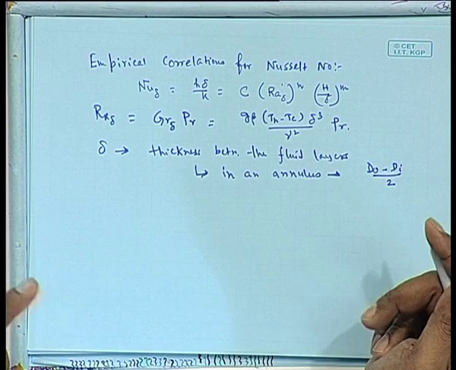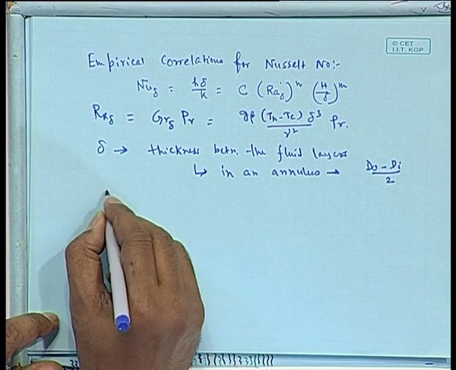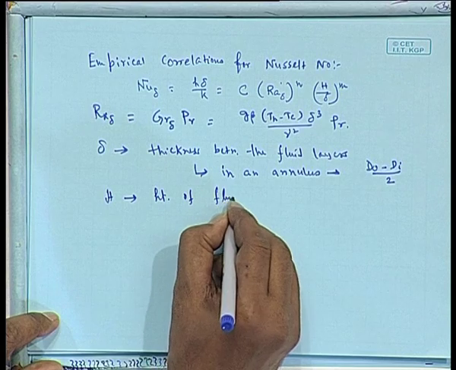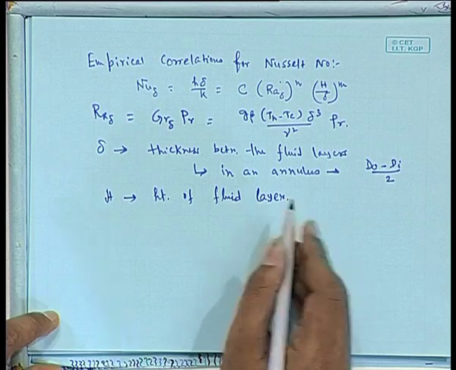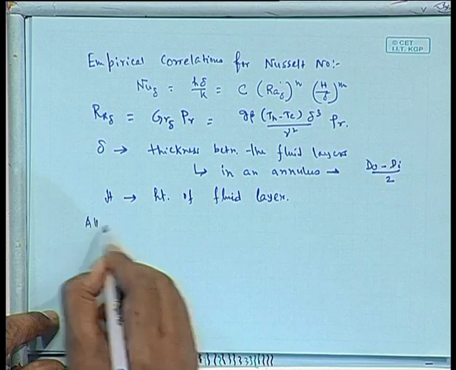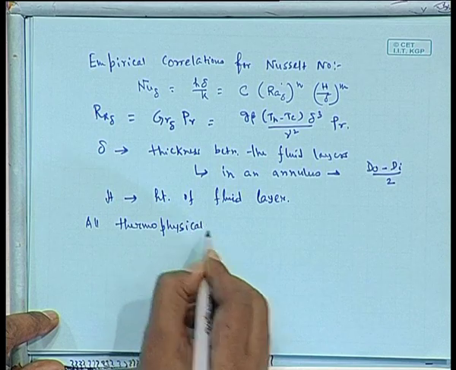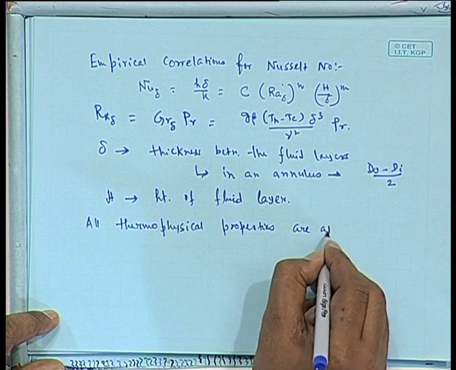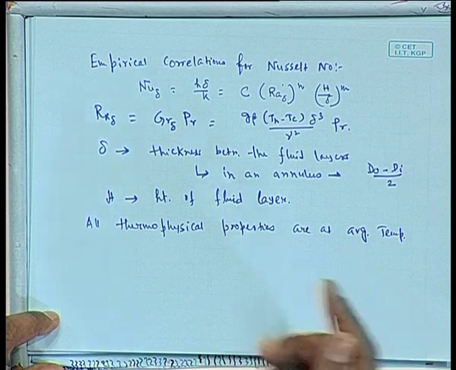In a plate, it is the separation between the two surfaces. H is the height of the fluid layer, and all thermophysical properties are evaluated at the average temperature of the two surfaces.